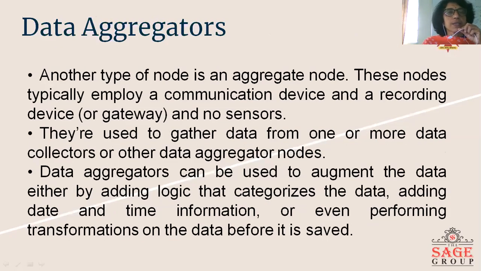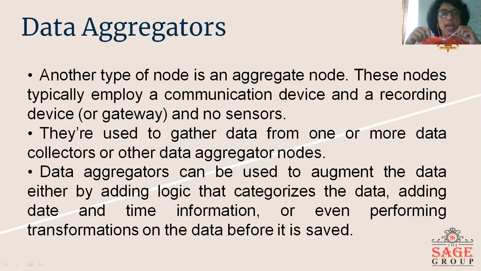Data aggregators. Another type of node is an aggregator node. These nodes typically employ a communication device and a recording device and no sensors. They are used to gather data from one or more data collectors or other data aggregator nodes.